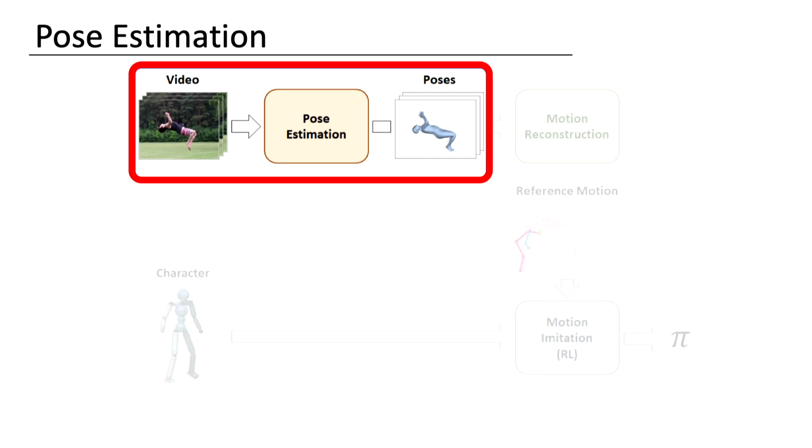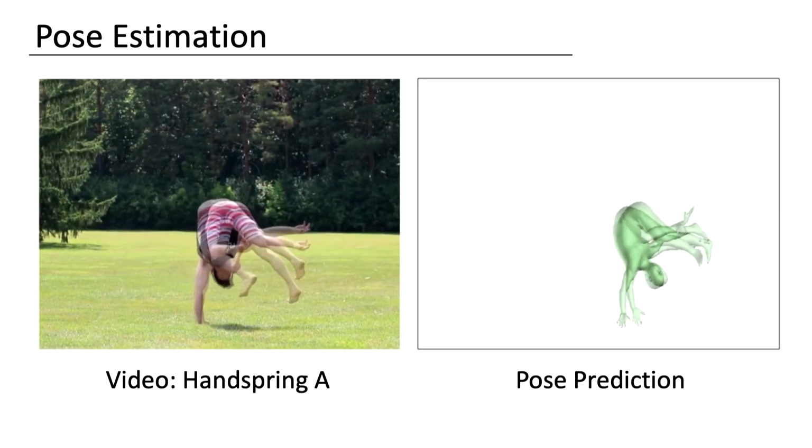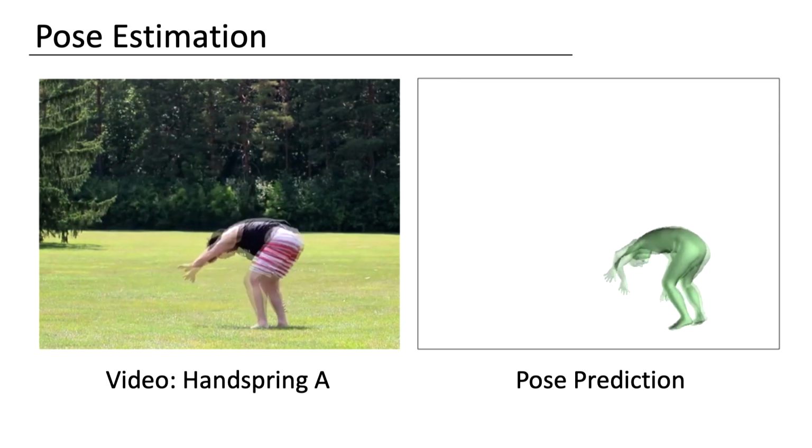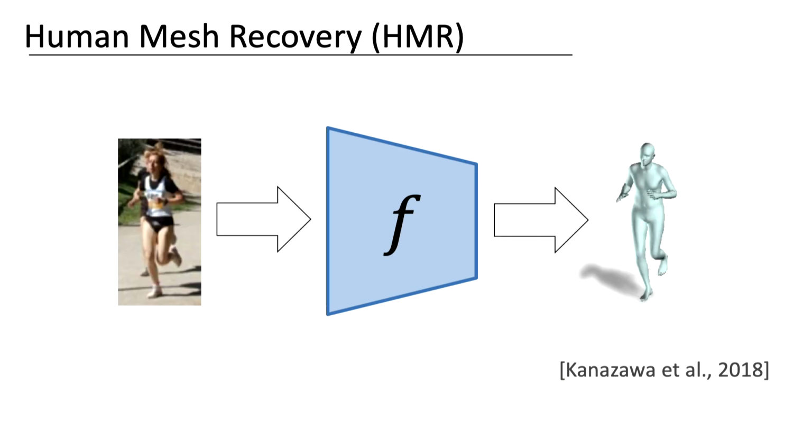We'll start by looking at the pose estimation stage. Our goal here is, given a video clip, to predict the pose of the actor in each frame. To do this, we are going to be leveraging some of the really great work that's been done in computer vision for pose estimation. In particular, we'll be using a pose estimator called human mesh recovery, which trains a network to predict the pose of an actor from just a single monocular image.